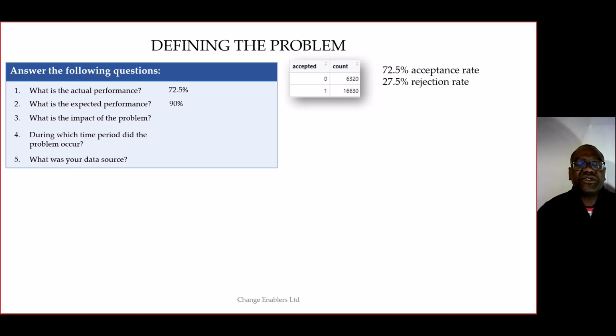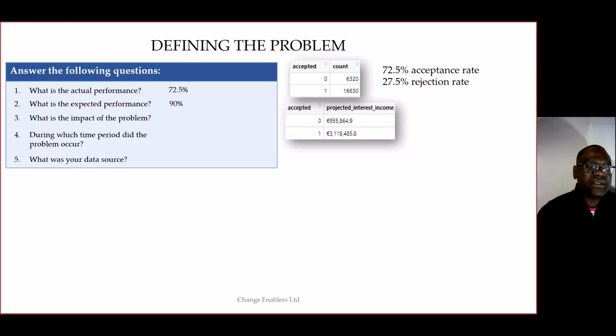So our third question, what is the impact of the problem? What pain does it cause? To keep things simple, we assume that for every euro lent, the lender earns interest of 1%. This table here shows the projected interest income for accepted and declined offers.